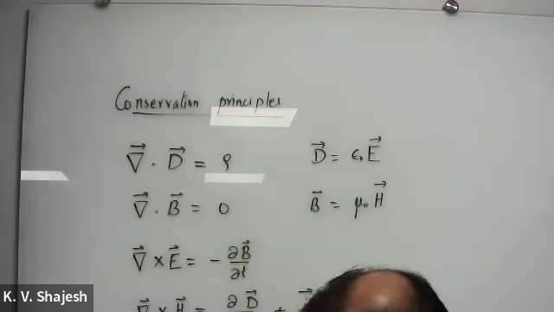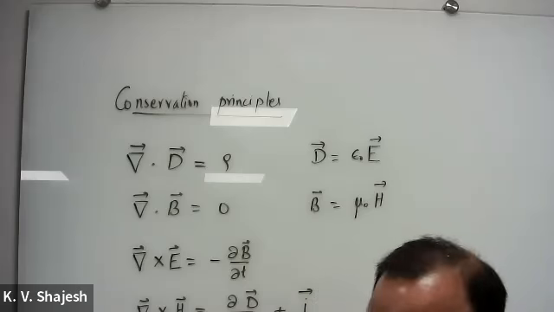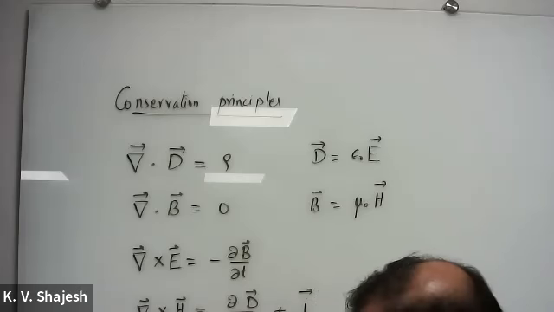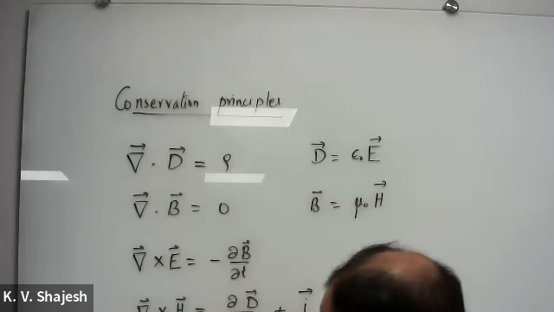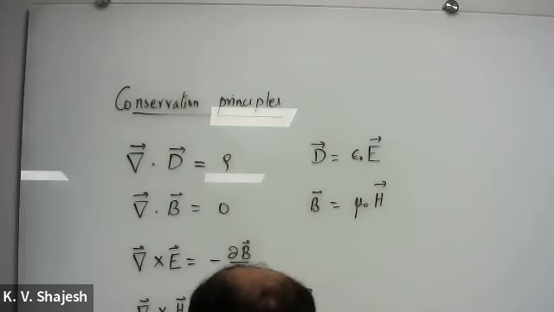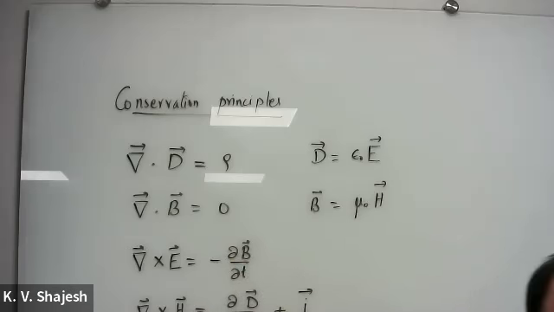Notice the connection here: time derivative of charge density, here it is energy density, plus a divergence of some quantity. Here, this will be divergence of S.